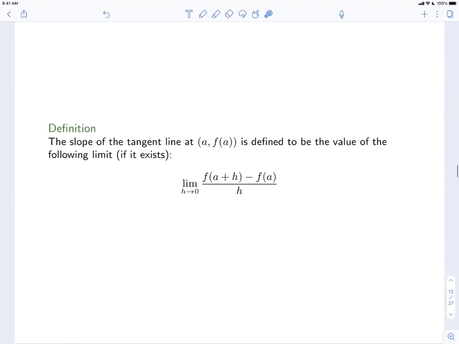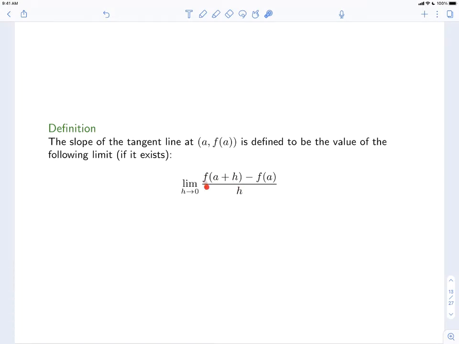And this gives us the definition for the tangent line that we want. Or rather, it gives us the definition for the slope of the tangent line. We define the slope of the tangent line at this point, a comma f at a, to be the value of the following limit, if it exists. So we look at the slope of the secant line, which is f at a plus h minus f at a, and divide that by h.